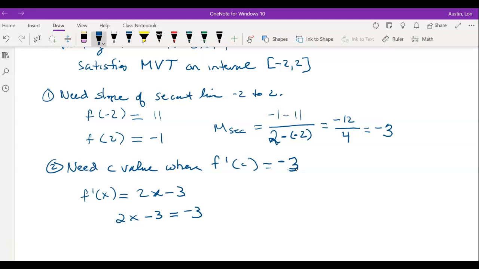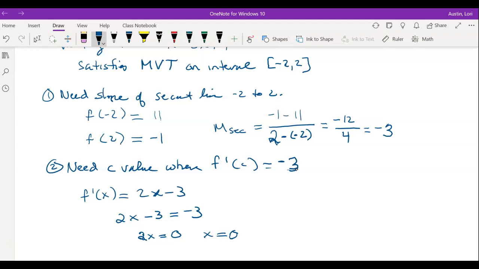That's all you need to do. So what do we get? 2x equals 0, x equals 0, right?